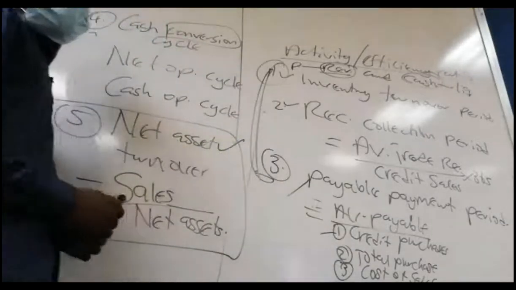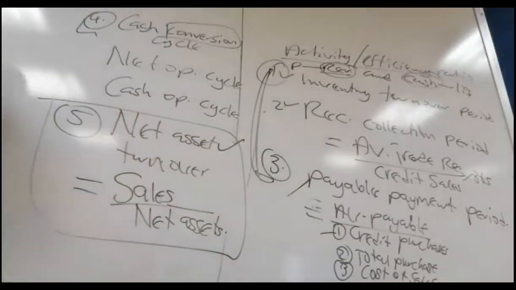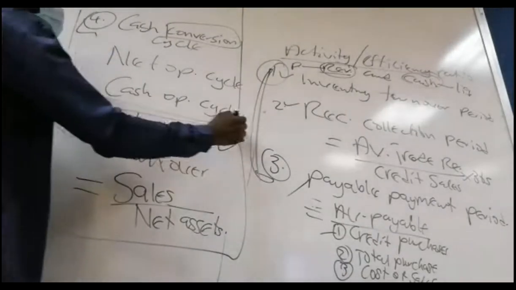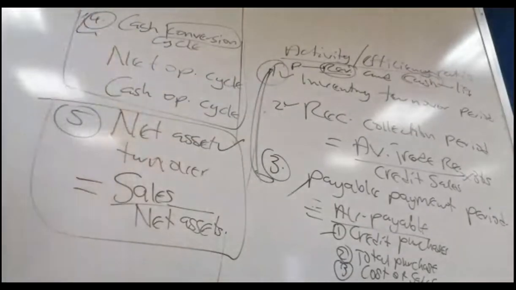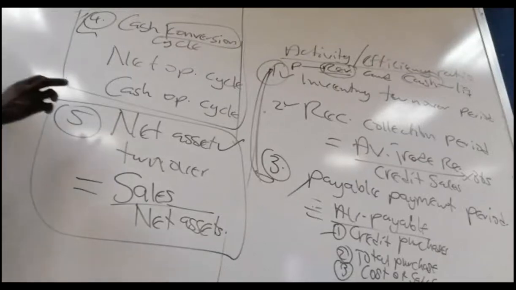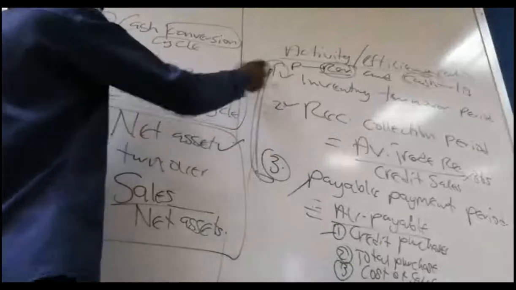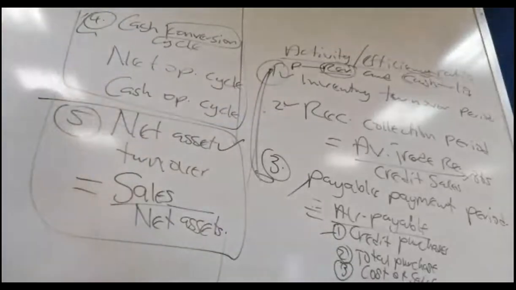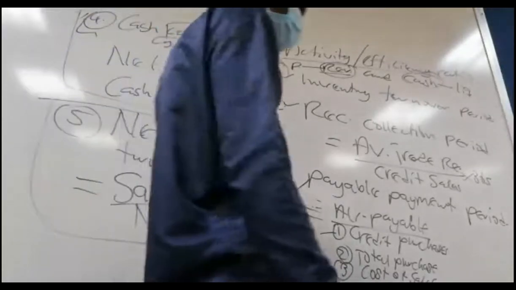That's all. Receivable days, inventory days, payable days versus net asset. Normal here is for professional marks. Then select your two. So this and this, or this and that. You are done.